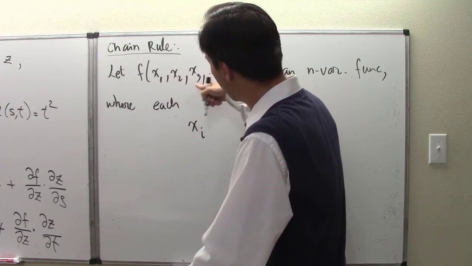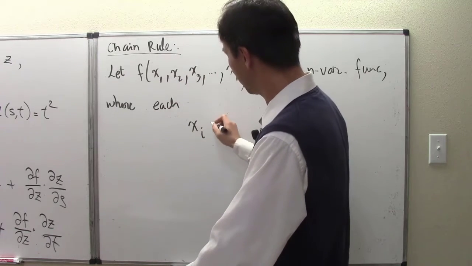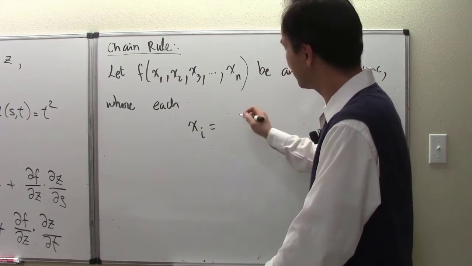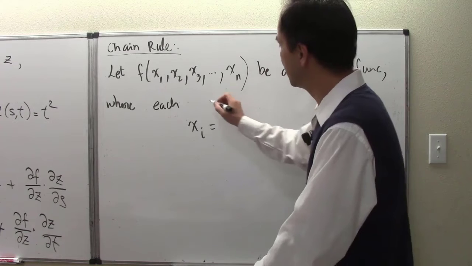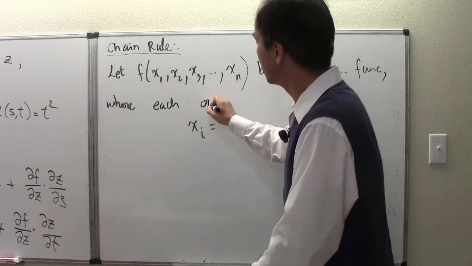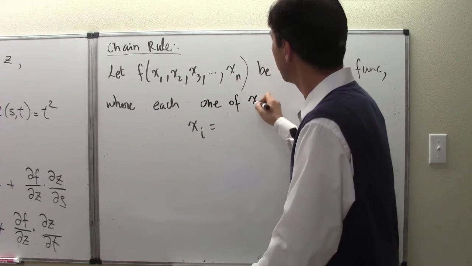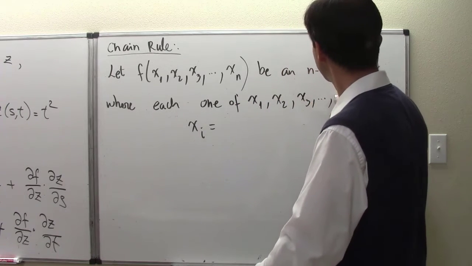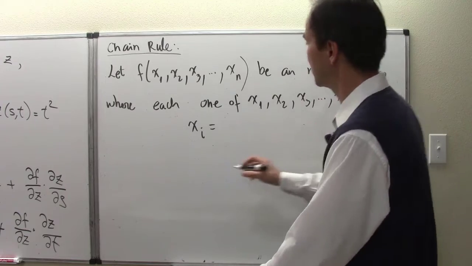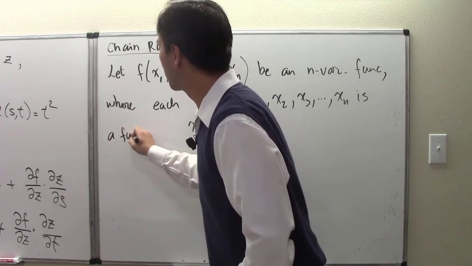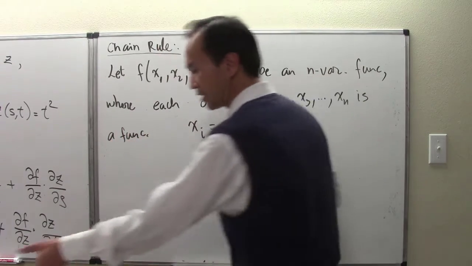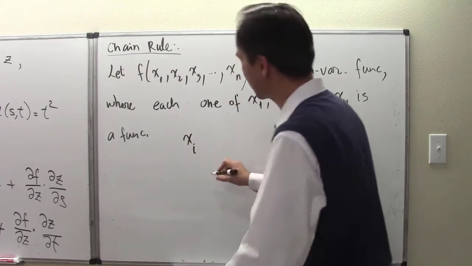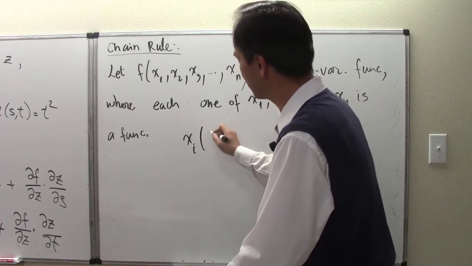If we pick any index variable, each x of i is a function. So each one of the variables x1, x2, x3 to xn is a function that I call, each one of them is an x of i as a function of some other variable.